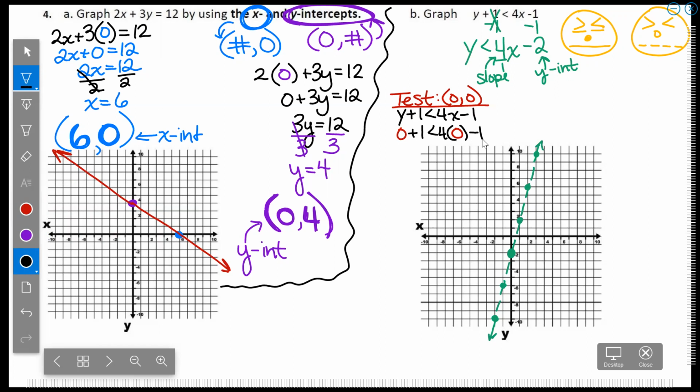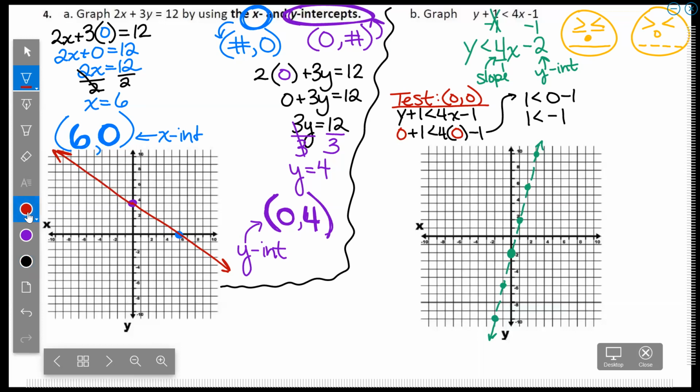What is 0 plus 1? 1. What is 4 times 0? And 0 minus 1. What is 0 minus 1? Negative 1. This says 1 is less than negative 1. Is that true or false?